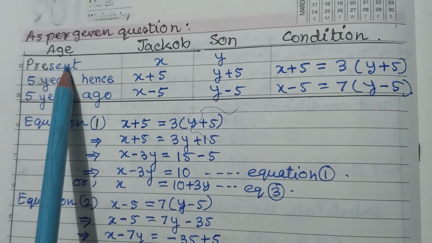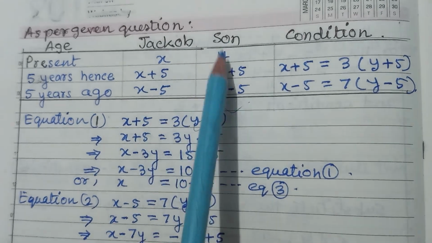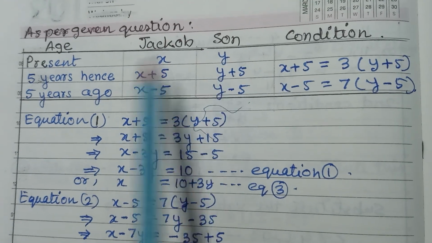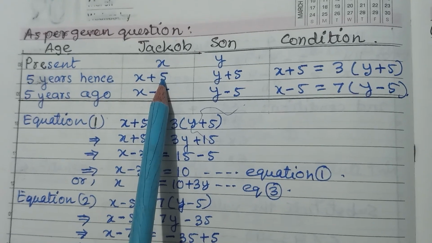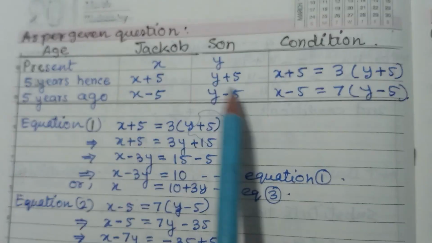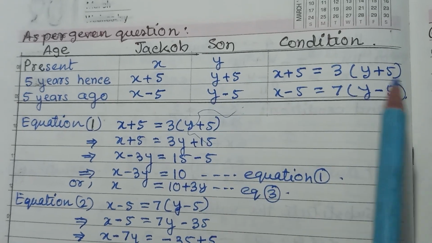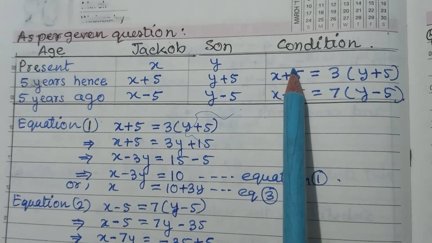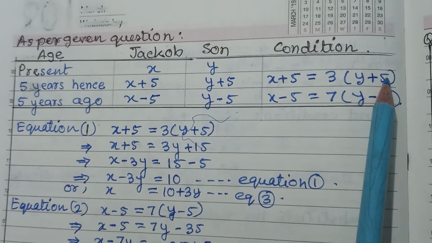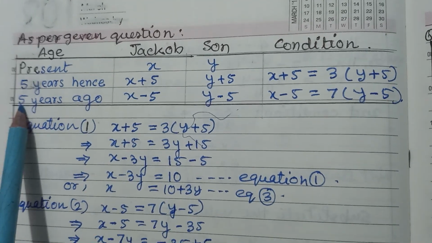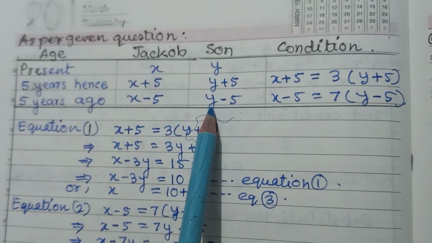First, present age: let the present age of Jacob be x and his son's be y. Now 5 years hence means after 5 years, Jacob will be x plus 5 and the son will be y plus 5. That time the condition given is Jacob is 3 times as old as his son. Now 5 years ago, x minus 5 and the son is y minus 5.